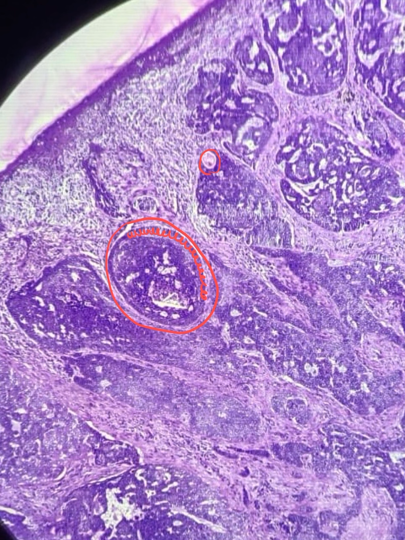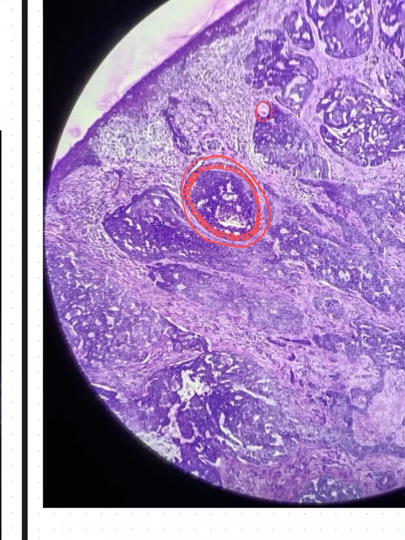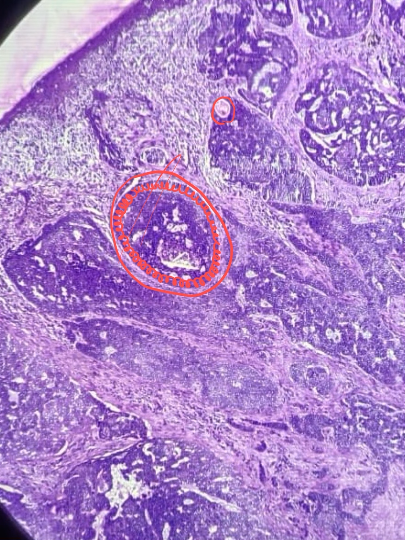This is called palisading of cells. They are oriented well vertically adjacent to one another. That is palisading, which I can appreciate when you zoom in. See, I can find this typical palisading here.